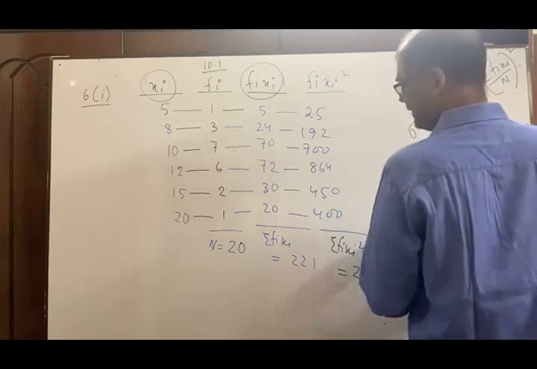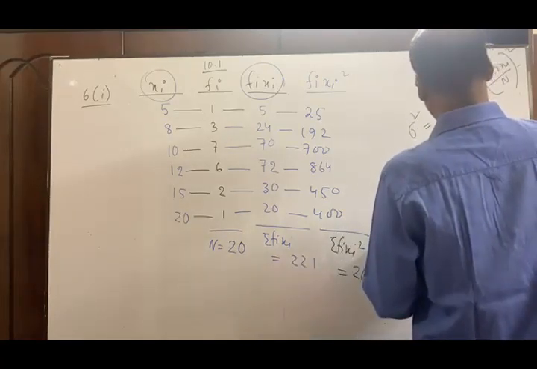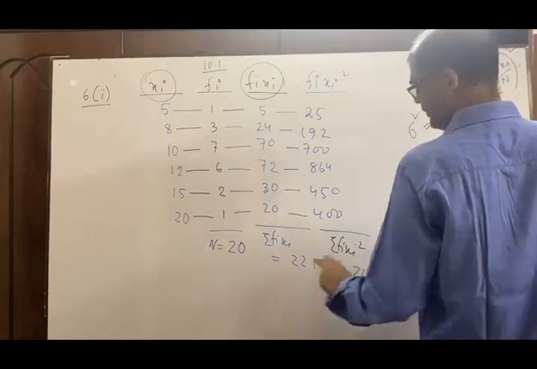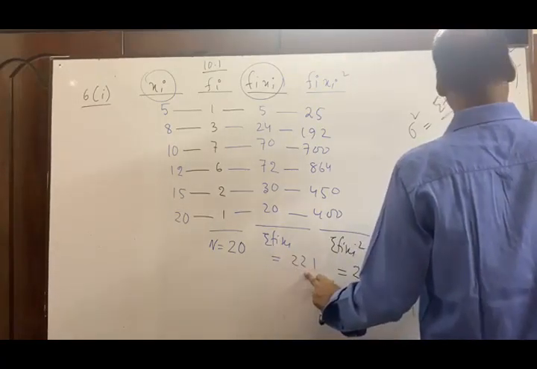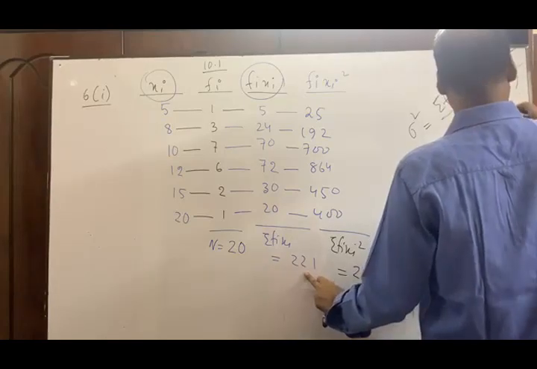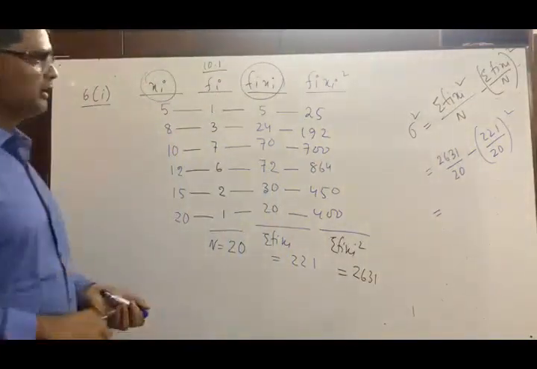2631 by 20, minus summation fi xi, 221 by 20, whole square. Now just use the calculator to get the result. All of you are required to use the calculator.